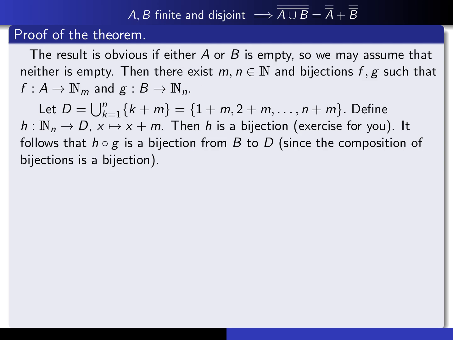We let D be this union here, and maybe a better way of looking at it is this. What we do is we take all of the elements of N sub n and we add m to it.